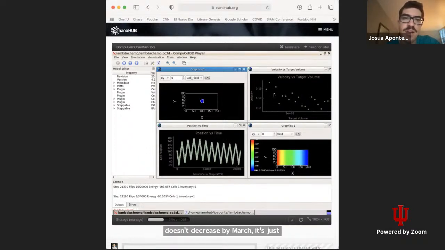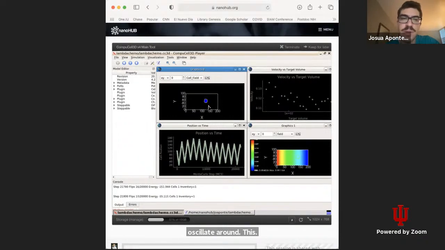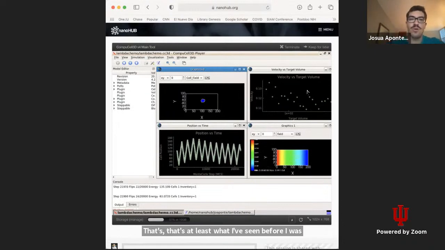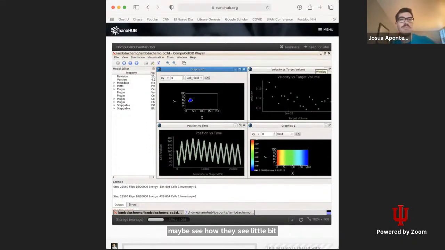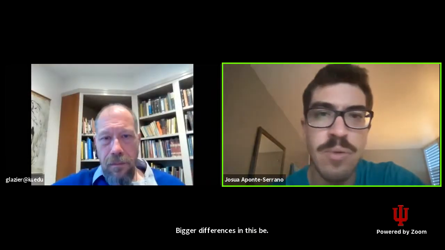It just oscillates around this average speed, even as the cell gets bigger and bigger. That's at least what I've seen before. I was hoping other people would run it and see bigger differences in the speed. But let's go back to James.